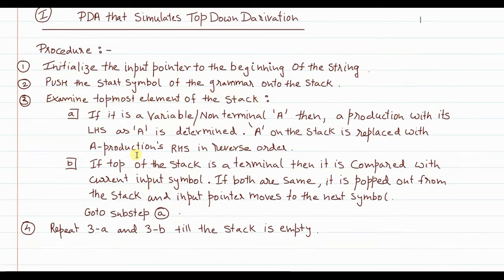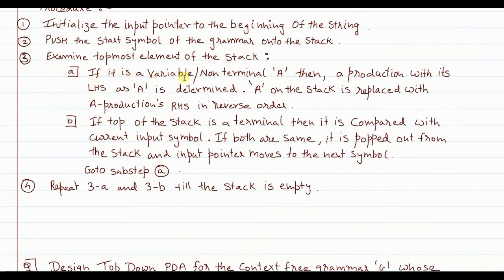There are two cases. If the topmost element of the stack is a variable or a non-terminal, let's say A, then we need to search for the production with its left-hand side as A. In general, suppose A is a non-terminal present as the topmost element on the stack, then out of all the productions, find the A production.